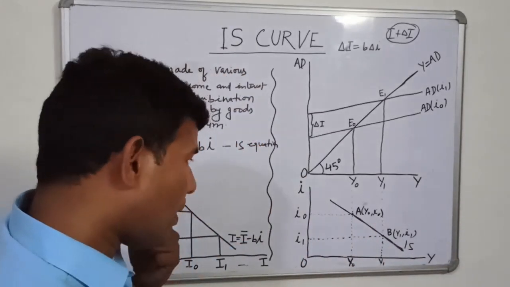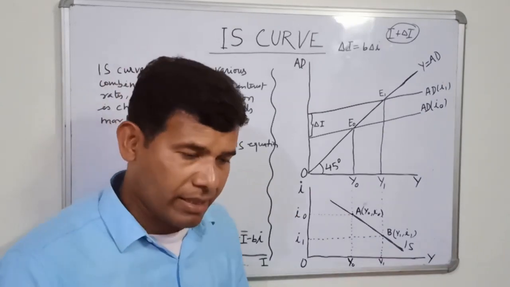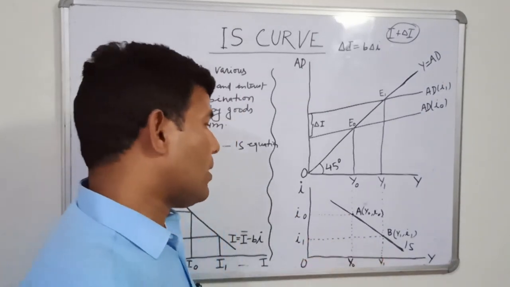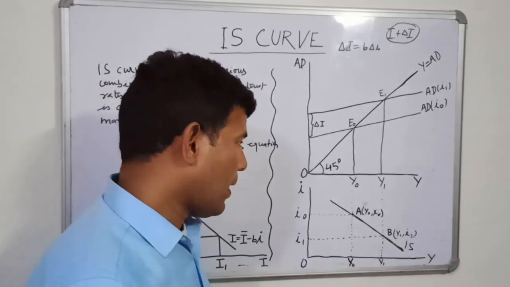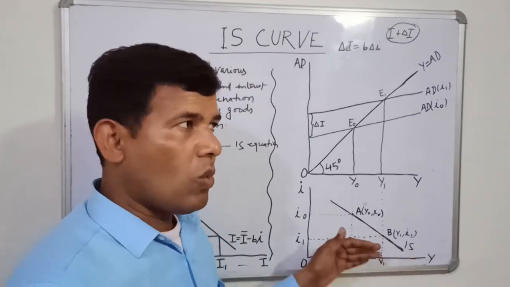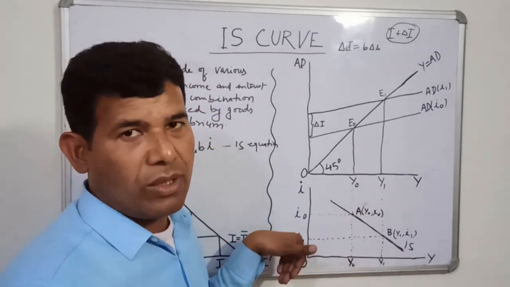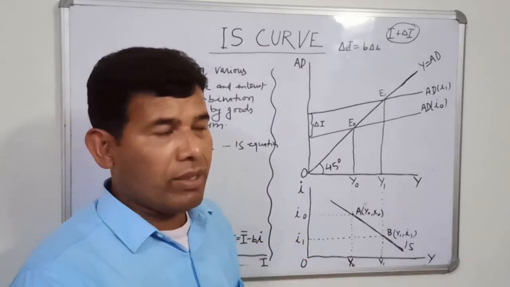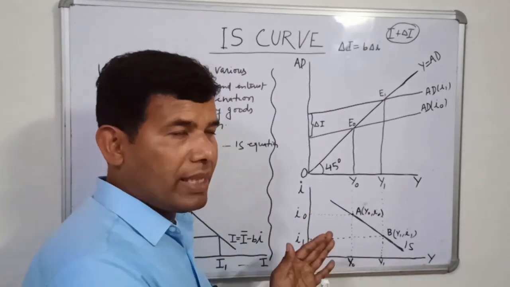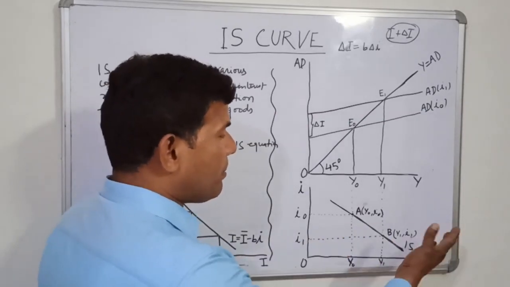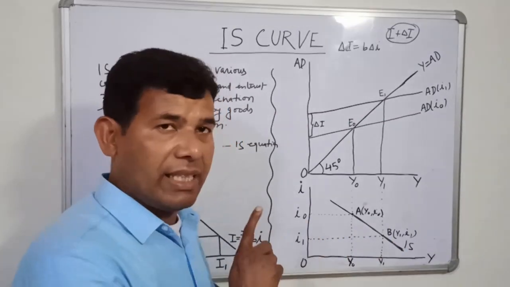Now, once we have done this IS curve, we also need to discuss what determines the slope of the IS curve and what determines the location of the IS curve, right? The slope part we will discuss later on, but here it becomes very important and easy to discuss what will shift the IS curve without affecting its slope.